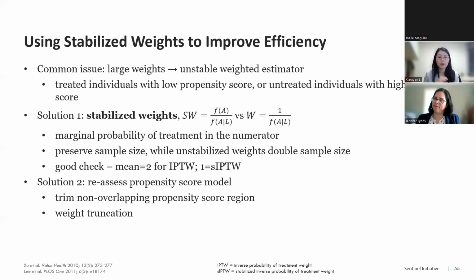And then we will want to trim the non-overlapping propensity score regions. We can also truncate weights by resetting weights larger than the specified threshold to the value of the threshold in order to reduce the influence of individuals with really large weights.